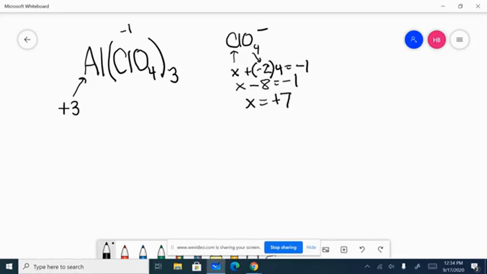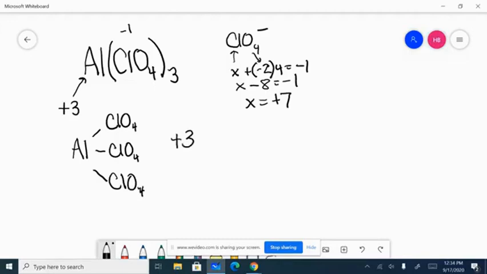Or I can say this aluminum perchlorate here really means that there's 1 aluminum and 3 of these polyatomic ions, like such. That's what that really means. So I could say, I know I have 1 aluminum that has a charge of +3. I know I have 3 chlorines that I don't know what the charge is.